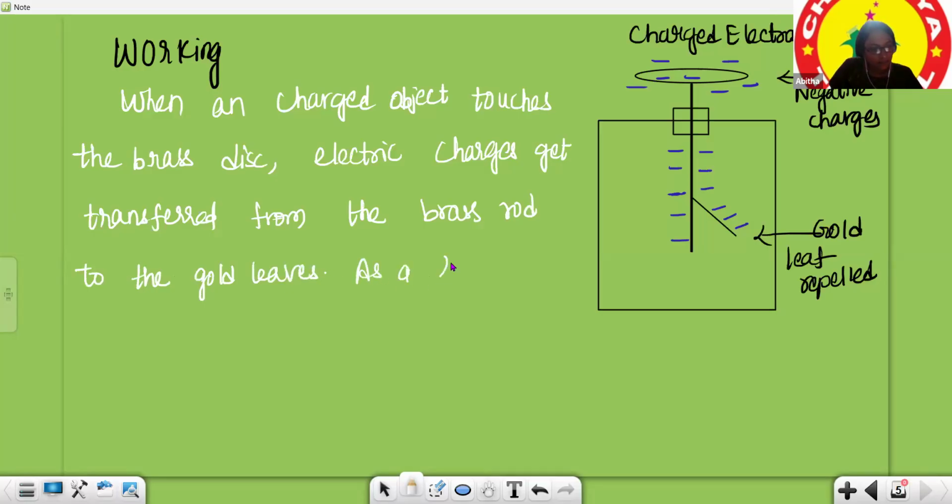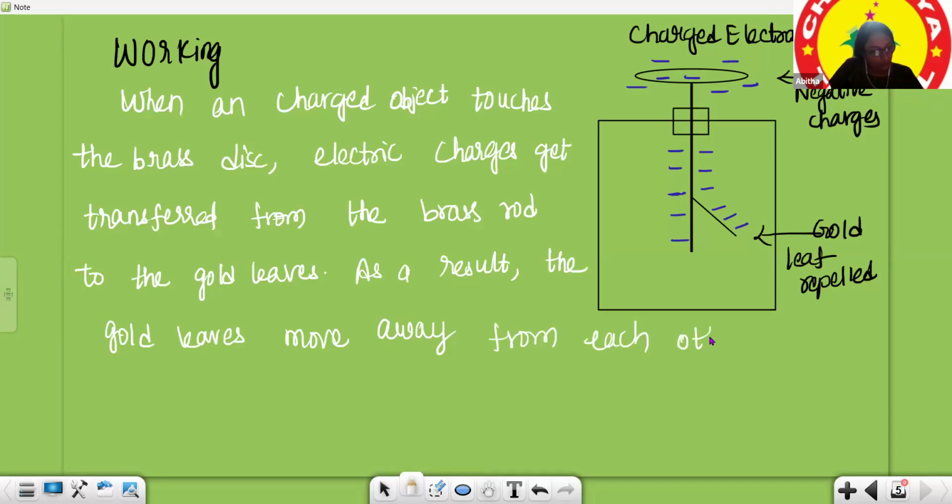As a result, the gold leaves move away from each other, depicting the presence of charges.